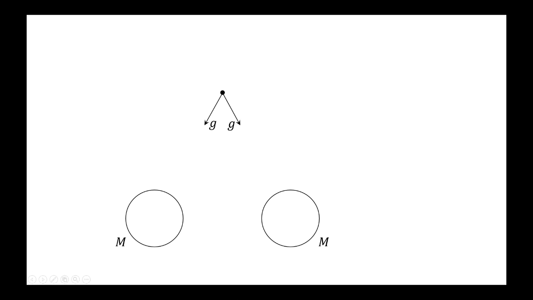How do we add vectors? You consider the components. The two x components we see cancel out. The y components are equal to g sine theta, because this y component is opposite the angle theta. The same is true on this side. So the net field is simply equal to negative, because they're both down.